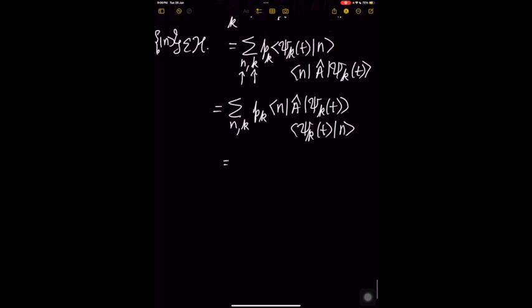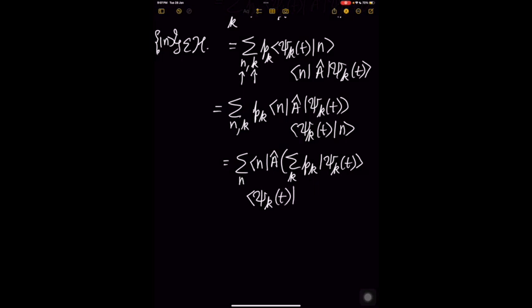So I can move the summation with respect to k inside now. So look at the way I do this. This is just a mathematical manipulation but please look at it very carefully. So I will move this summation over k inside. I get p_k, ket psi k t, bra psi k t, and then this will act on ket n.